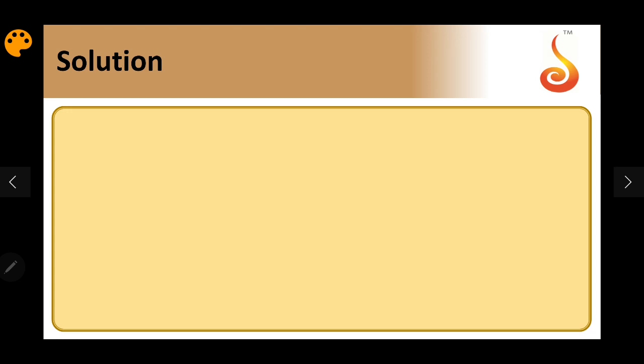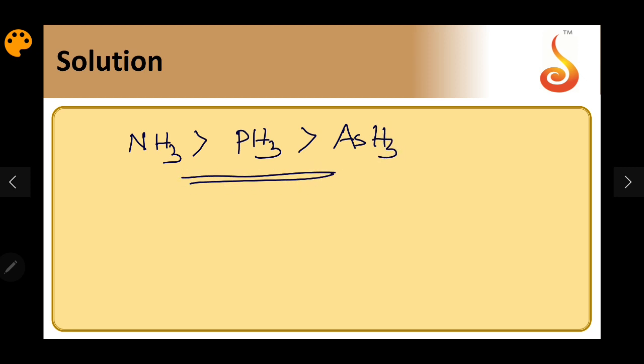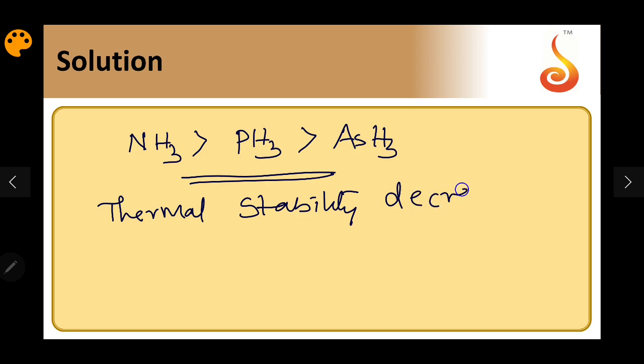So order should be NH3 should be more stable, then PH3, then AsH3. So this is the order. Thermal stability decreases down the group.